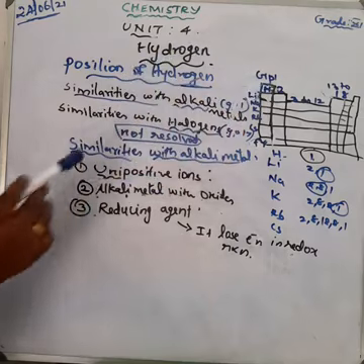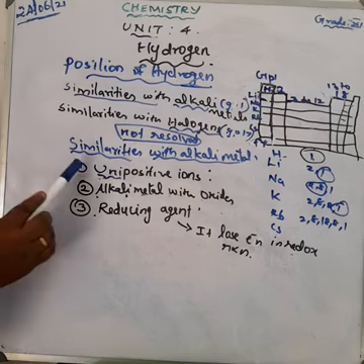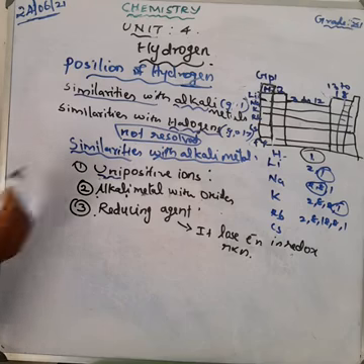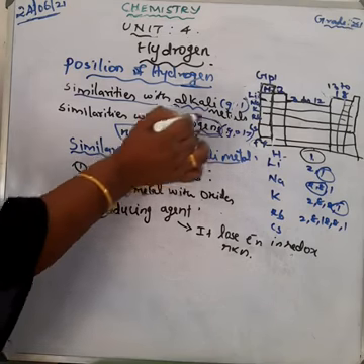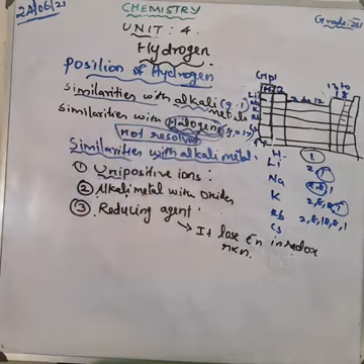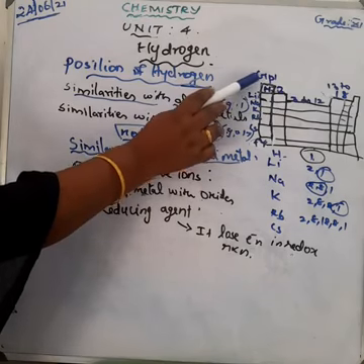Hydrogen has characters similar to alkali metals, and also the characters of hydrogen are similar to the halogens. So why does hydrogen occupy the place in the first group with the alkali metals?